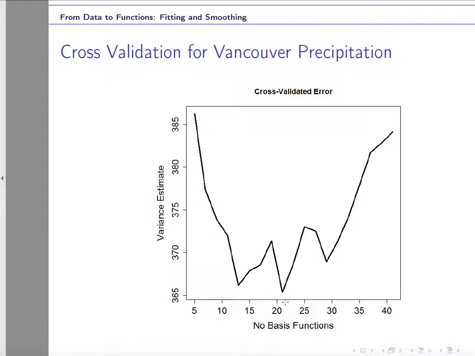From the simulation study we did before, we know that the optimal number of basis functions is 13, right? You can see here that 13 is the first point where the cross-validation score is minimized, kind of a local minimizer, right?